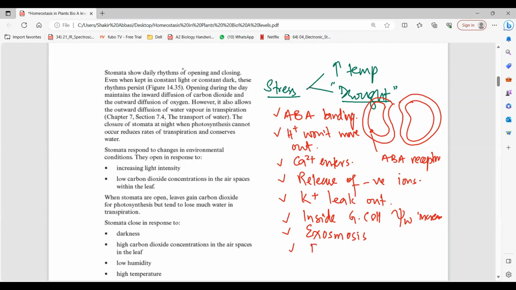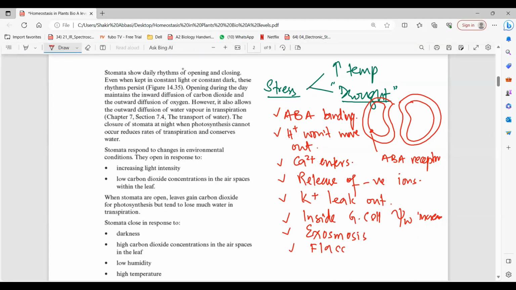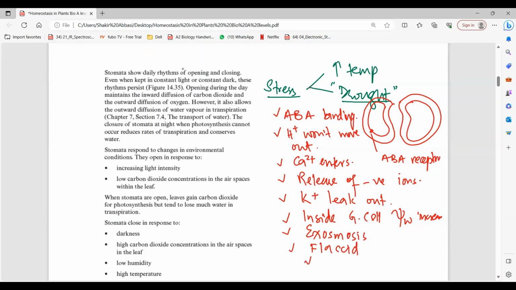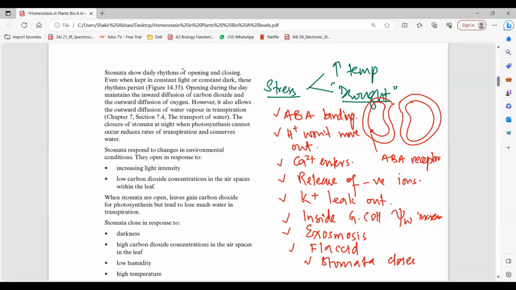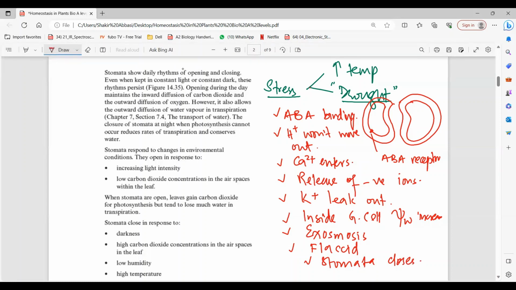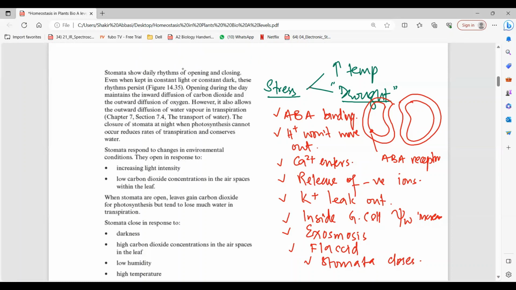And obviously guard cells get flaccid. When they get flaccid, stomata closes. So this is how the plant will manage its stress by losing less water. Obviously, it will compromise the CO2 uptake, but that will prevent too much loss of water as well.